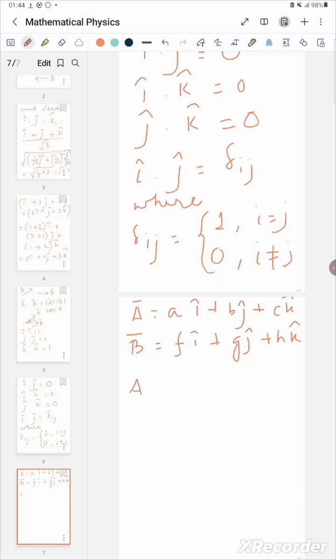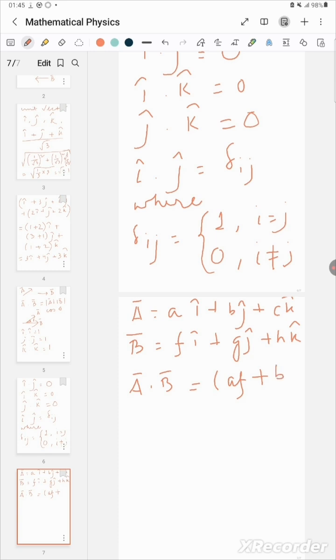So what we do here is nothing but multiply the coefficients. That is, we multiply the coefficients of i cap. So what is the coefficient of i cap? For vector A it is a, for vector B it is f. So it would be nothing but af plus, now multiply the coefficients of j cap.